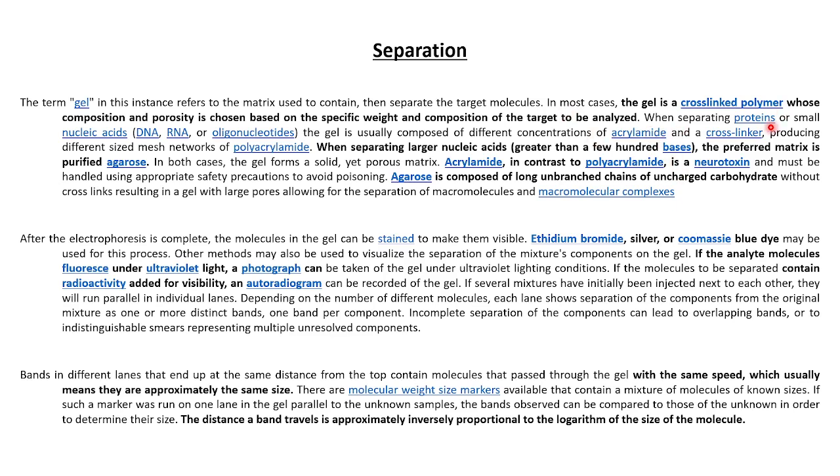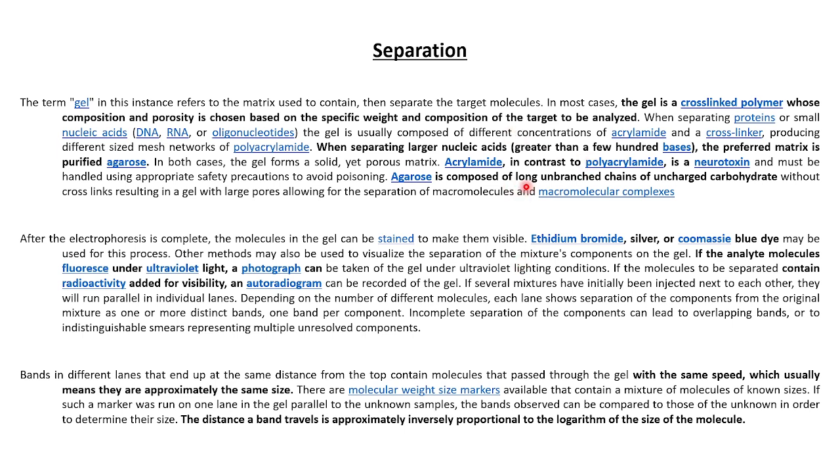of acrylamide and a cross-linker, producing different sizes of mesh networks of the polyacrylamide. When we are separating larger nucleic acids, the preferred matrix is purified agarose. In both cases, the gel forms a solid yet porous material for the molecules to pass through these pores.